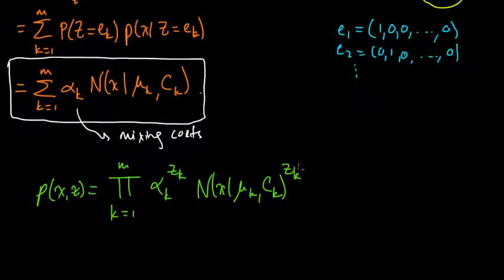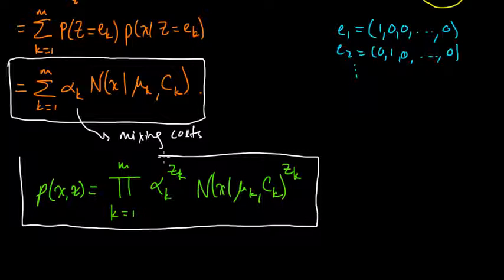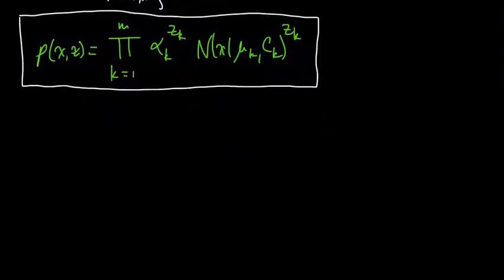So these zk exponents make whatever factors in this product that don't belong there just ones when zk equals 0, and they make it just the normal thing when zk equals 1. So this will be a useful formula for us. It might seem a bit strange if you haven't seen this trick of putting these indicator functions in the exponent, but it turns out that this is a very useful notational trick.